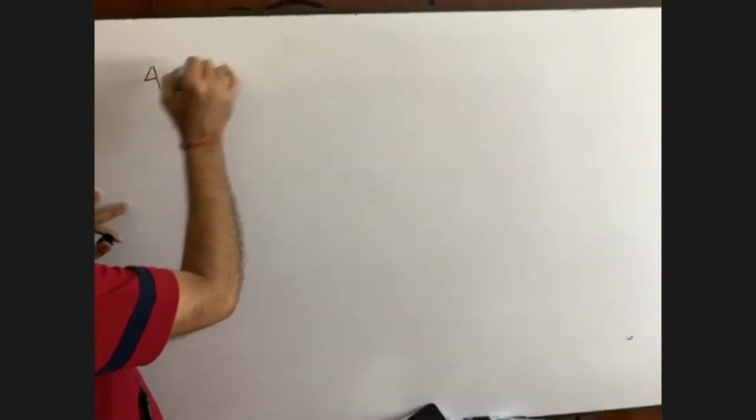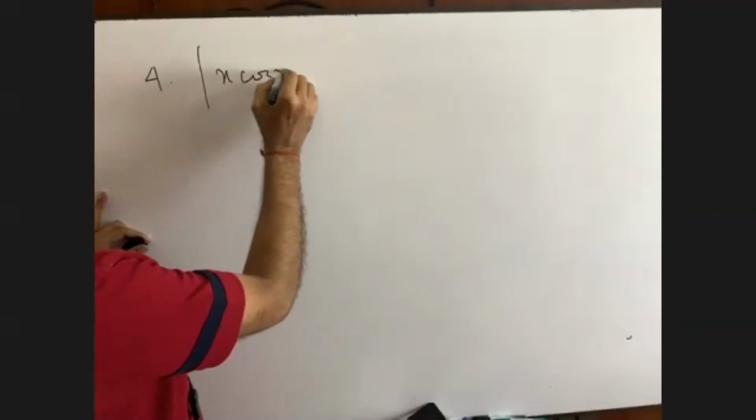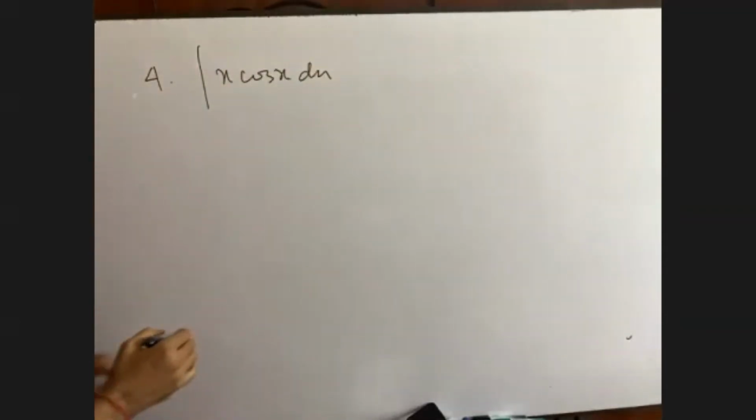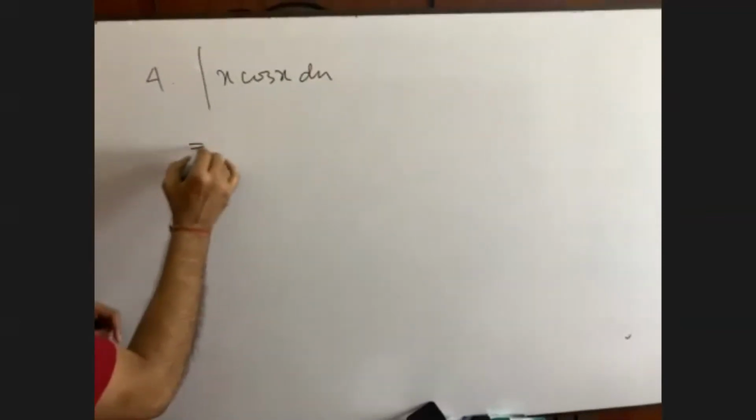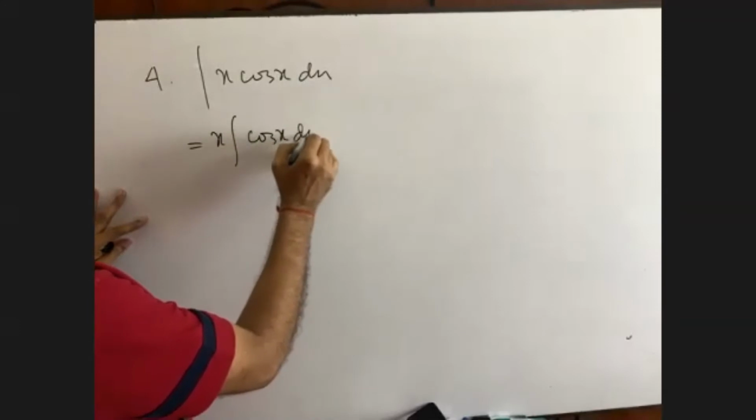Okay, now you see question number 4. It is x cosine x dx. Can you do it? Talk to me. What will you do? This is x cosine x dx.